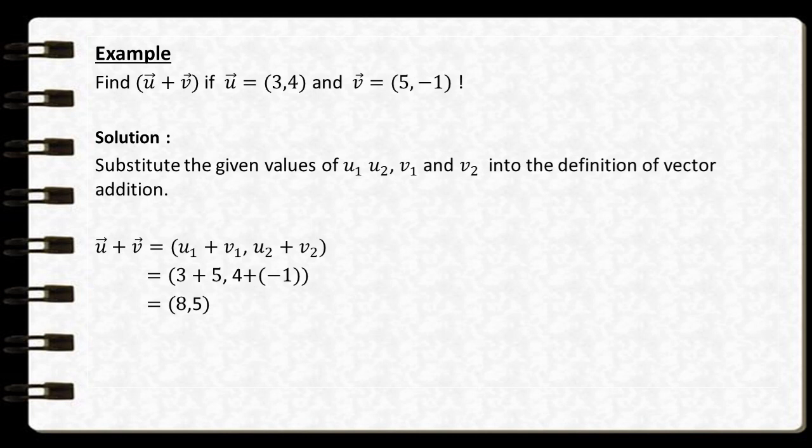To solve that, one can use the formula: vector u plus vector v equals (u1 plus v1, u2 plus v2), equals (3 plus 5, 4 plus minus 1), equals (8, 3).